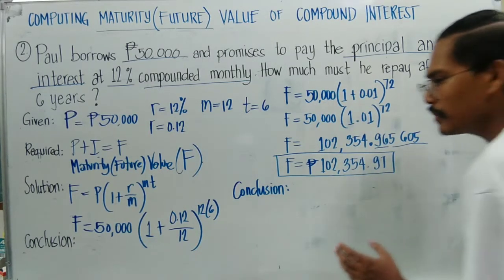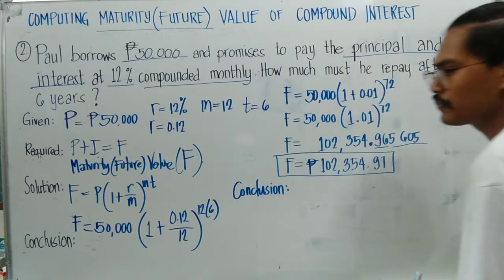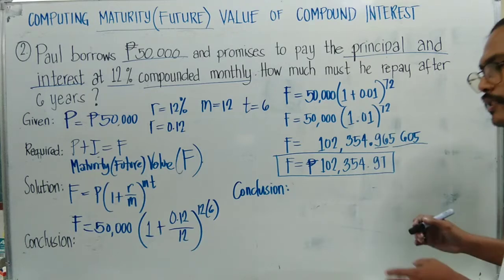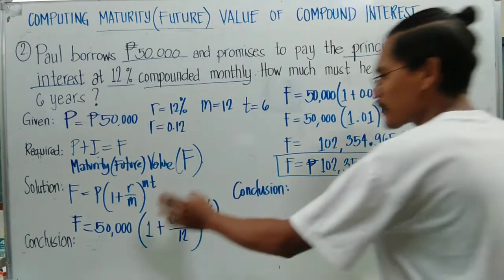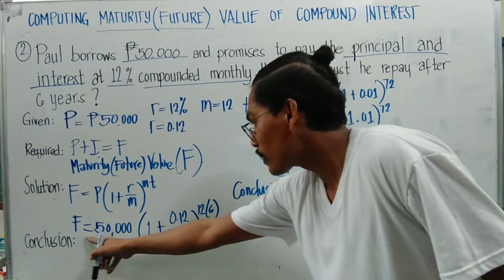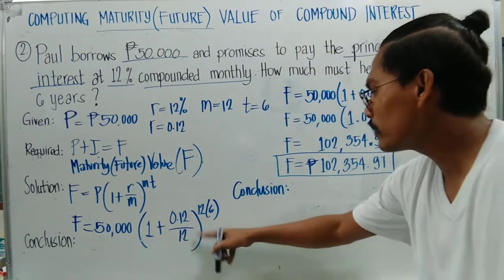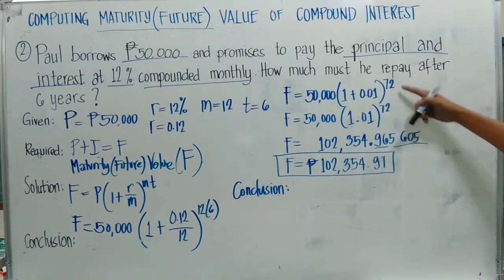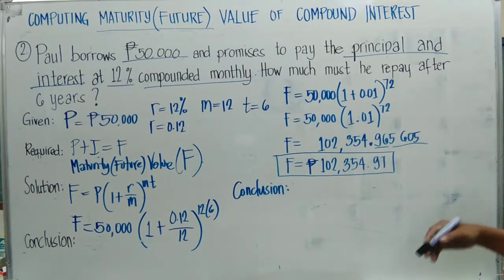But if you will be asking me, less solution is less mistake. So just input this one and press equal to get to this. I've just written these things for you to understand it better.